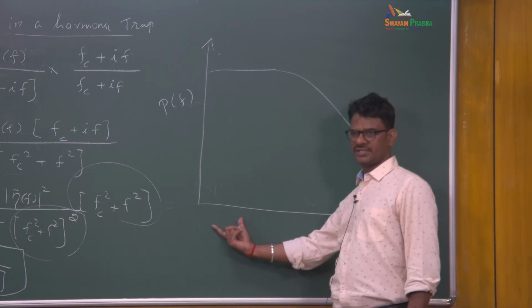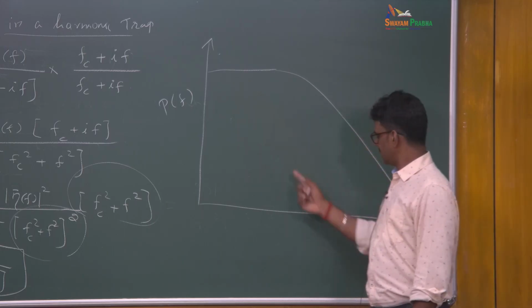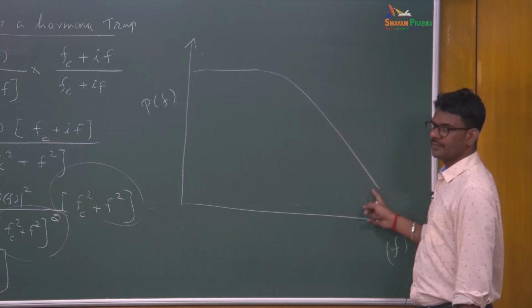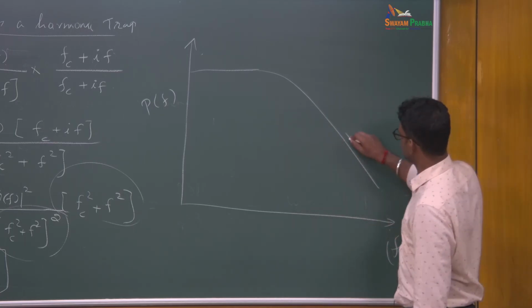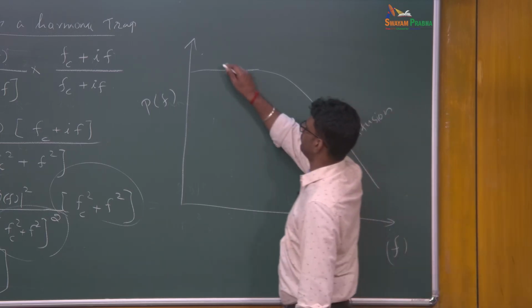At low frequency, that's long time, you will see some sort of a confinement effect. At short times, you will see this kind of a decay, which is characteristic of diffusion, and this is confinement.